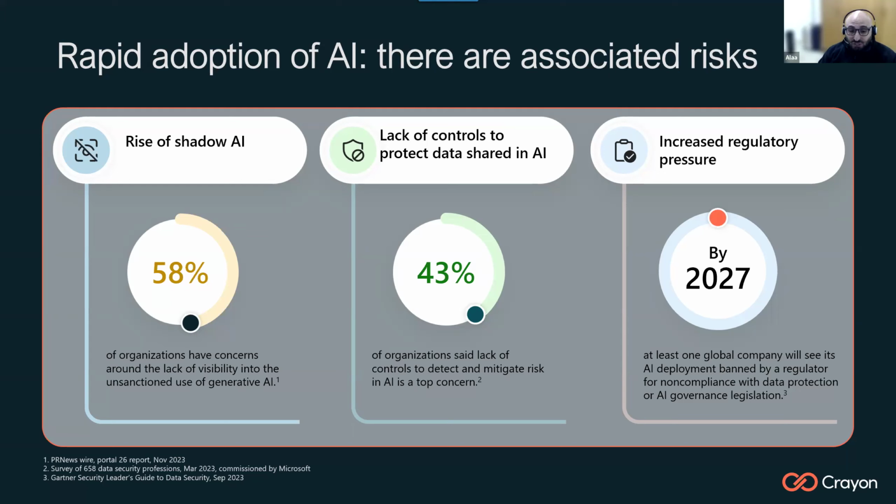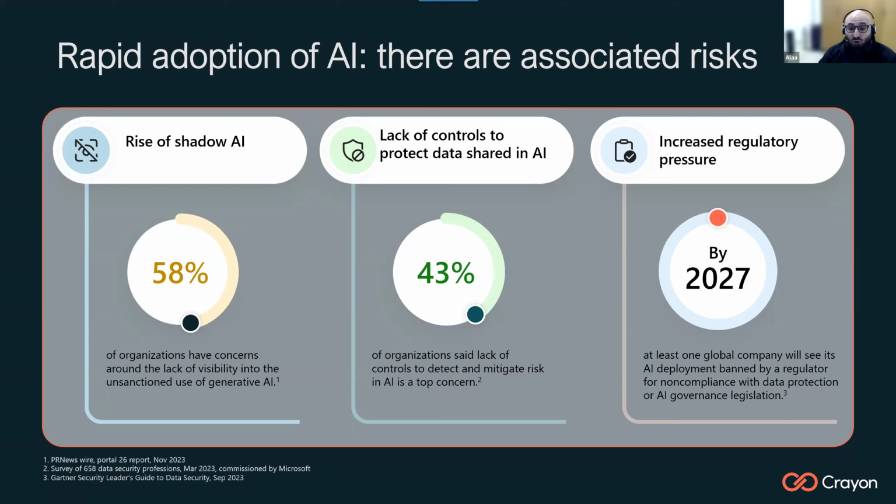First, the rise of shadow AI. A critical challenge is having visibility into the AI services that are in use and how users are interacting with them. Is the app safe? How many users are accessing it? What risk does it pose? These are all questions worth asking.